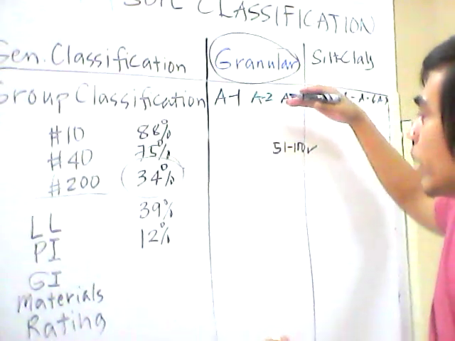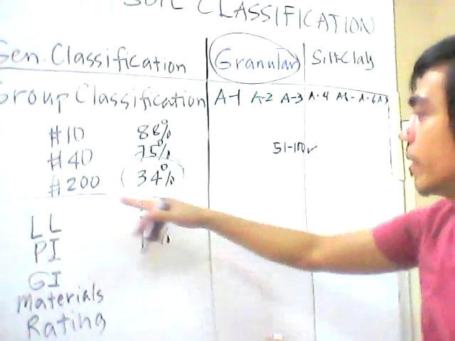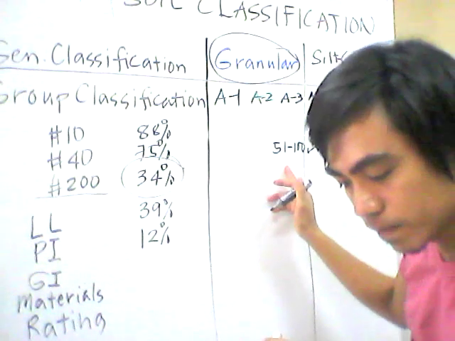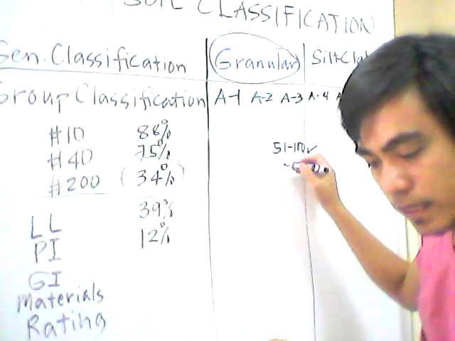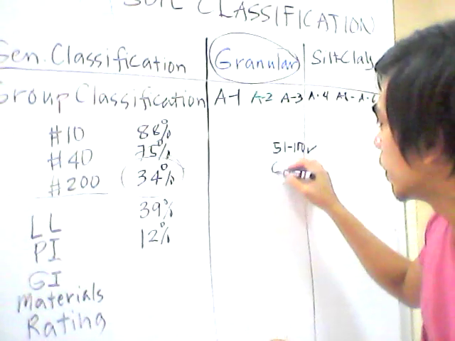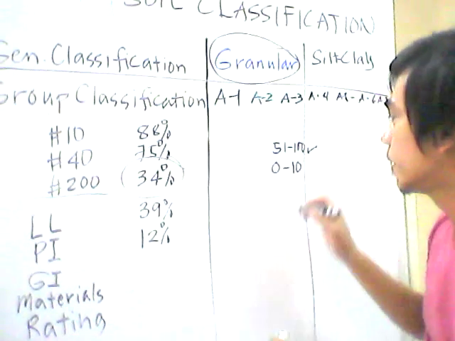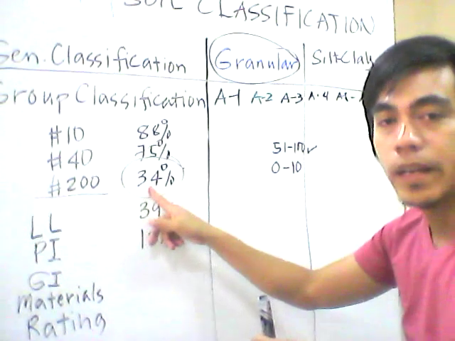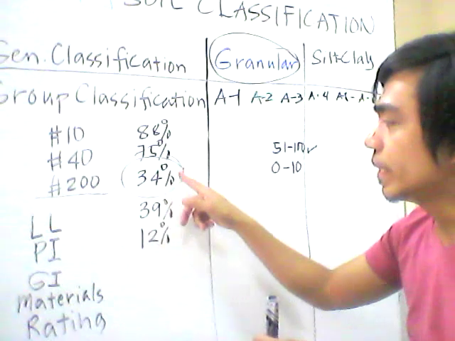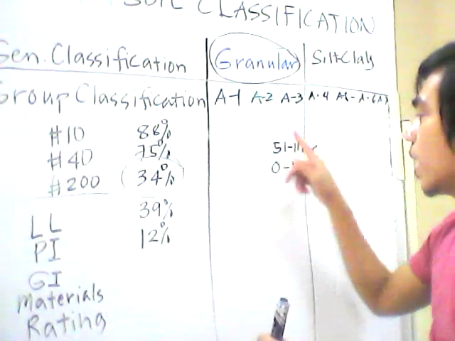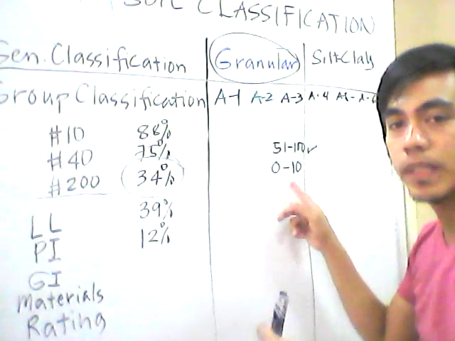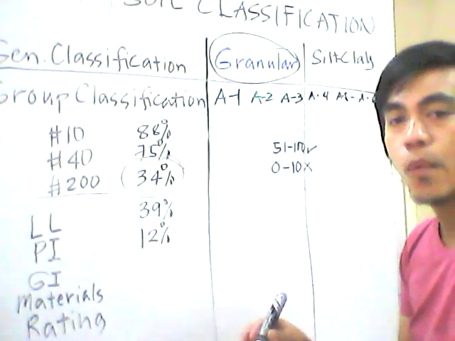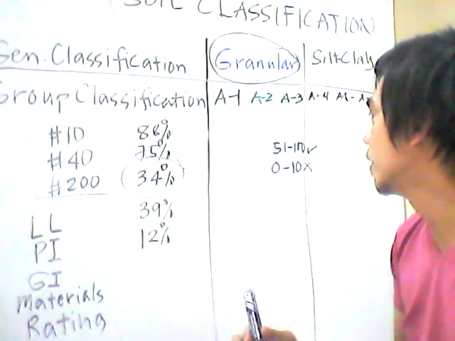Okay, going further down at number 200, AASHTO requires us to have 0 to 10%. Again, based on our data, we have 34% passing number 200. AASHTO has only up to 10%. Therefore, this is not our group classification.